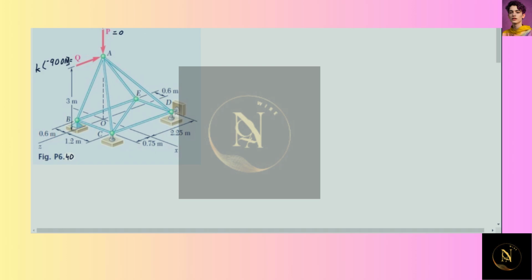Now there are two supports at point D, so that creates two reactions. One along X, this will be dz, and this will be dy.